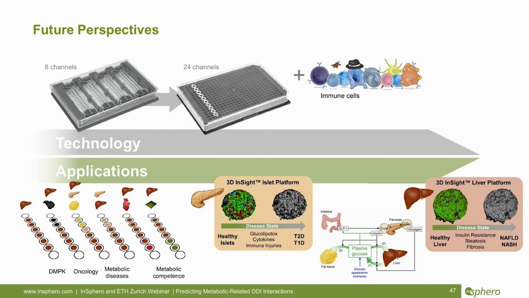In parallel, we are also working on including immune cells into the microfluidic channels. This requires some redesign so that the viability and the function of the immune cells are preserved when they are flowing through the channel.